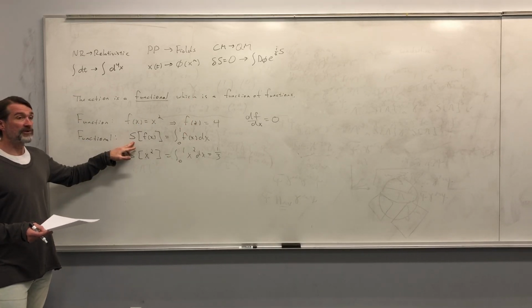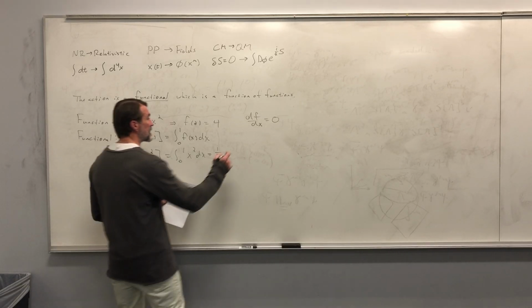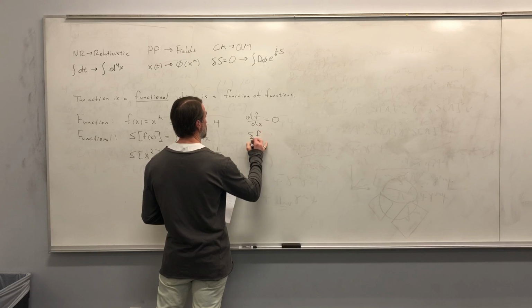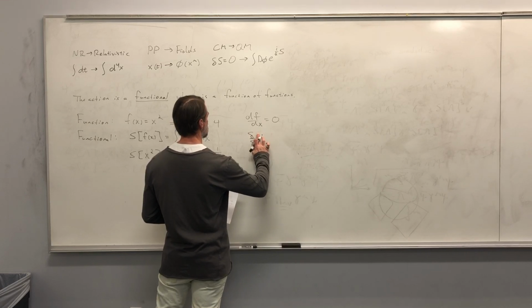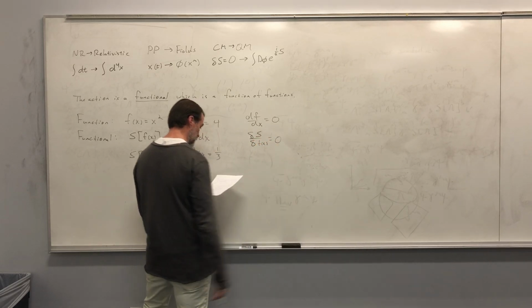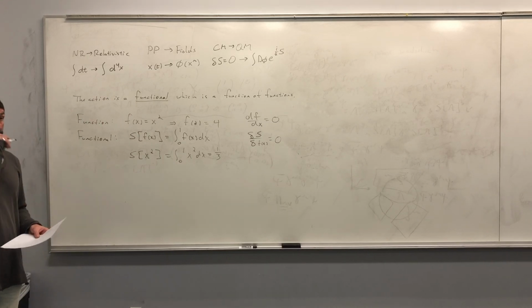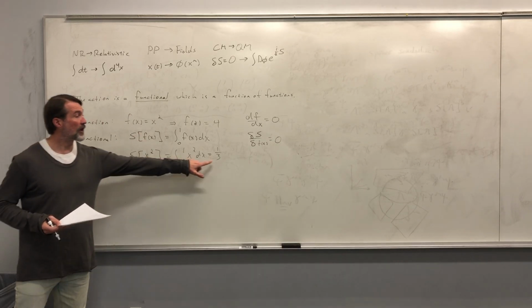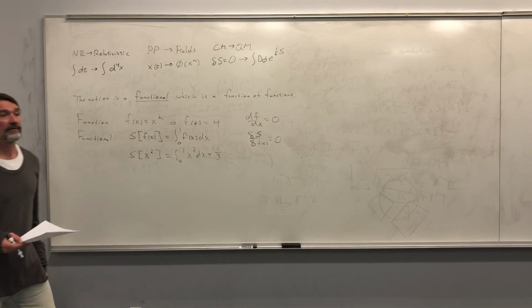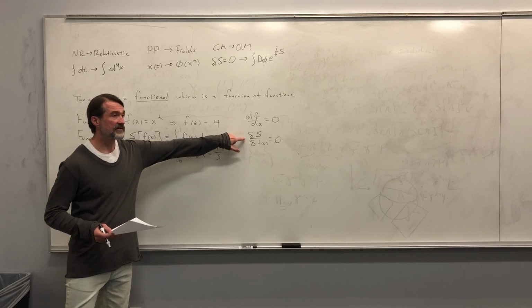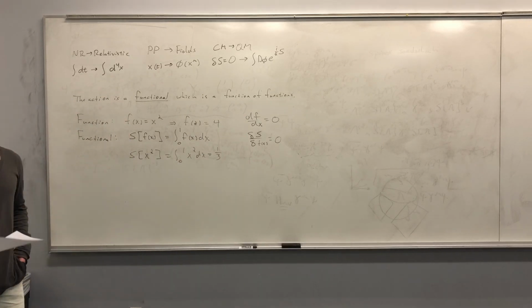Similarly, if I have a functional, I can set the variation of the functional, S, with respect to the functions equal to 0. And this tells me which functions give me the largest or smallest output. I'm using a different d because this is definitely a different derivative.